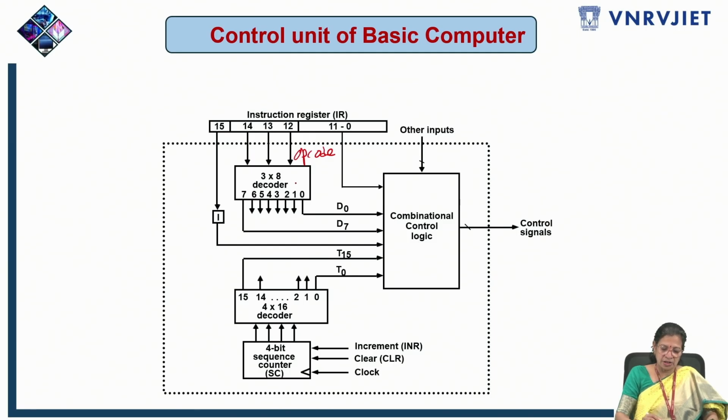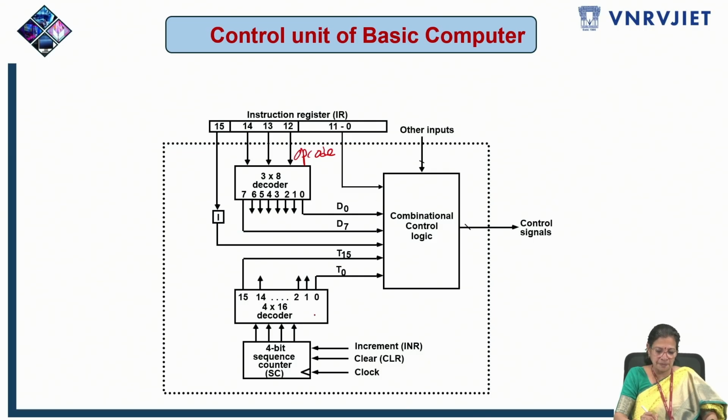Each memory reference instruction is associated with D0, D1, D2 and so on up to D6. D7 will be associated with the register reference as well as the input output instructions.